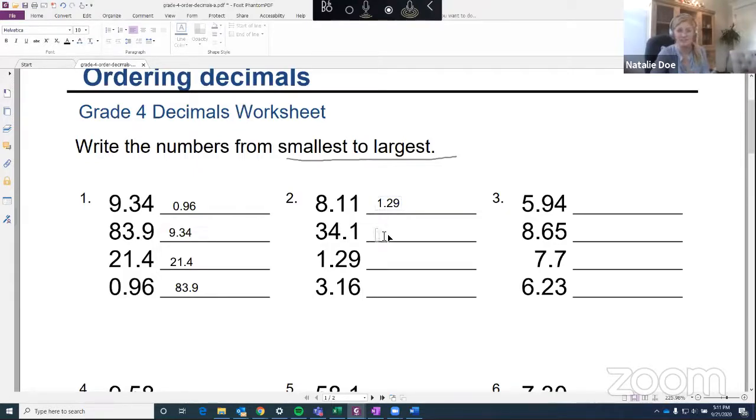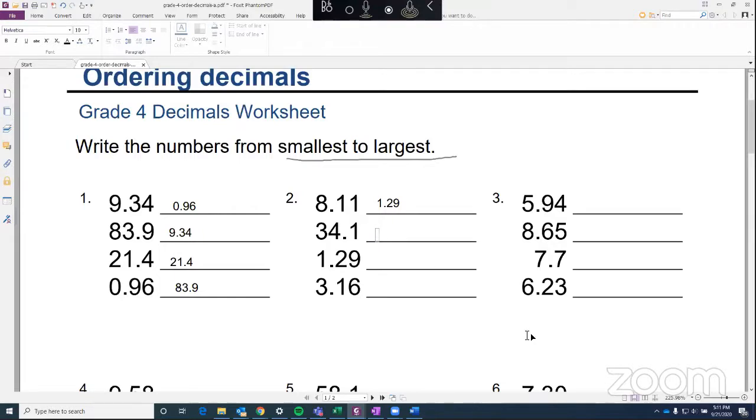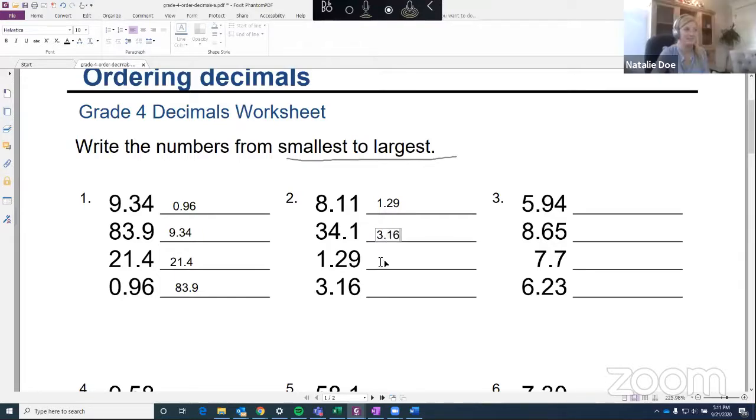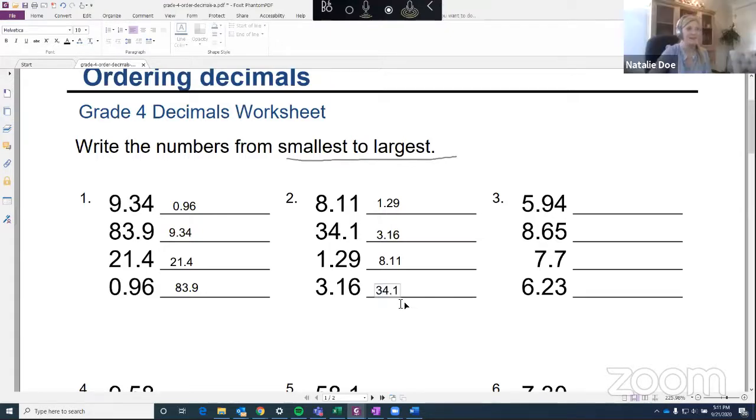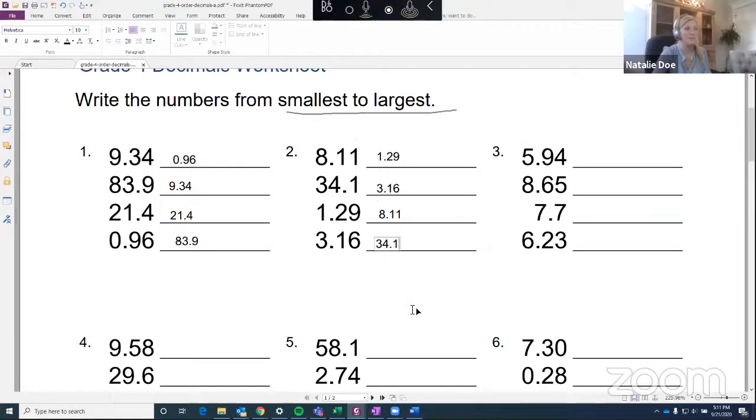What do you think's next? 3.16. Exactly. How about the next one? 8.11. And then the last one is going to be 34.1. Perfect.